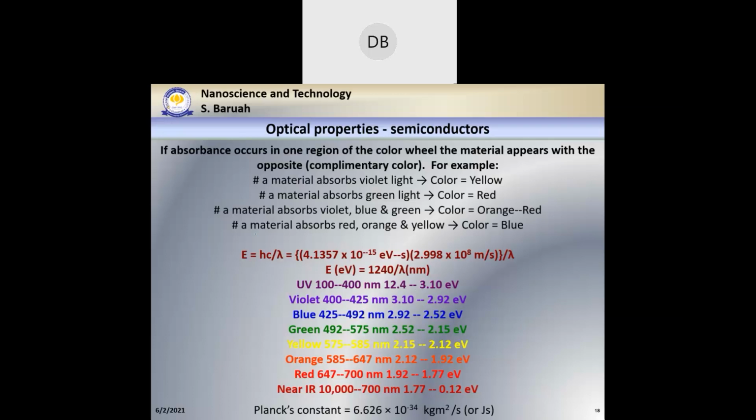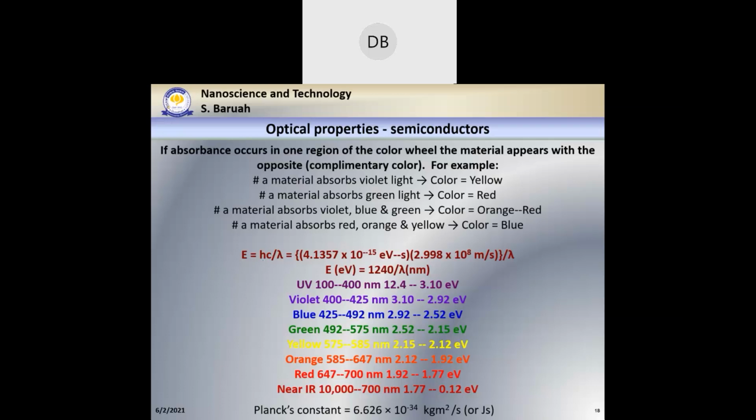Now, if you talk about the typical energy, this is a formula for calculating the energy of a wave. It's hc by lambda, where h is Planck's constant, c is the velocity of light in vacuum, and lambda is the wavelength of light you are talking about, the photons.